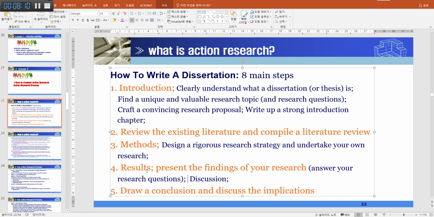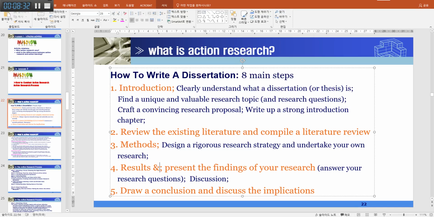Whatever they are, you need to explain or discuss the meaning of your result in light of previous research. It's a combination of chapter 2 and chapter 4. That's result and discussion, chapter 4.